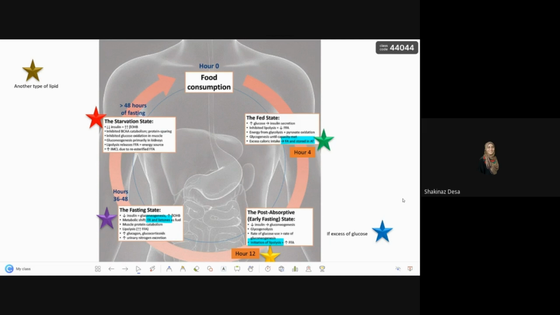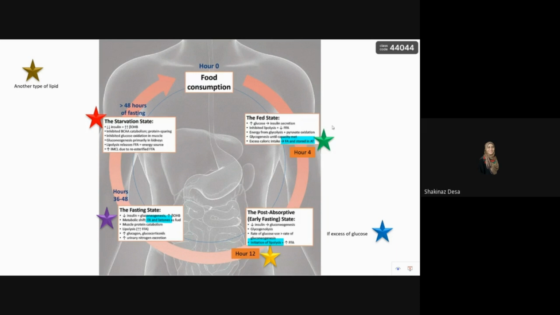Ini saya akan tunjukkan the idea of biochemistry of Ramadan fasting tu. So basically, kalau kita tengok dia punya cycle ni, we can start with the food consumption right here. Food consumption, kita makan.